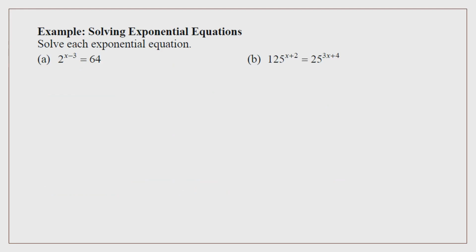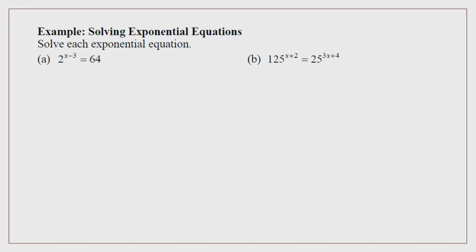So for these examples, we are going to solve the exponential equation. Starting off with a, we have 2 to the power x minus 3 equals 64. So the first thing that we want to do is determine how we can get the same base. Because if we have the same base, then we can set their powers equal to each other. Right now, the base of one side is 2 and the base of the other side is 64.